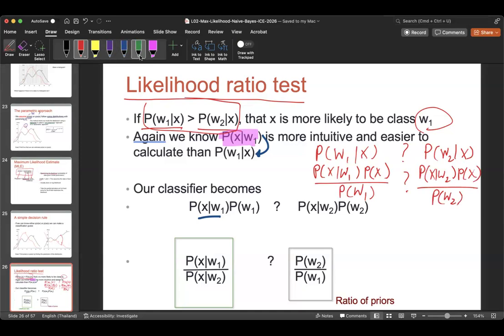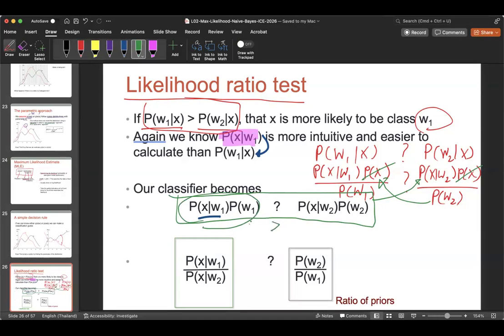And from this comparison, notice how this is the same, so we can just drop this. And if we move these two to the other side, we get this. This is our comparison that we want to do. If the left-hand side is higher than the right-hand side, then the answer is W1.